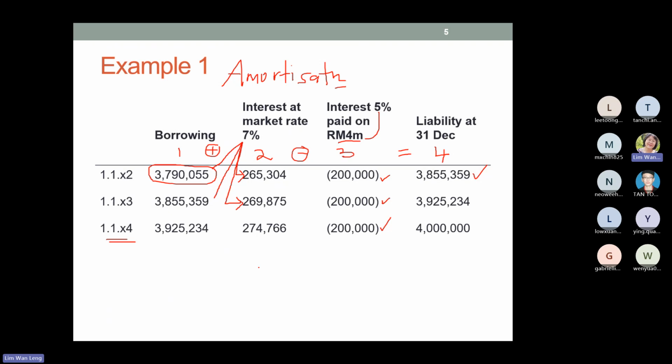What is important for you to take note of is that by the end of the third year, which is on 31st December X4, the liability figure shown in this amortization table must equal the face value. That way, when you convert or pay back the principal sum, you just offset nicely.